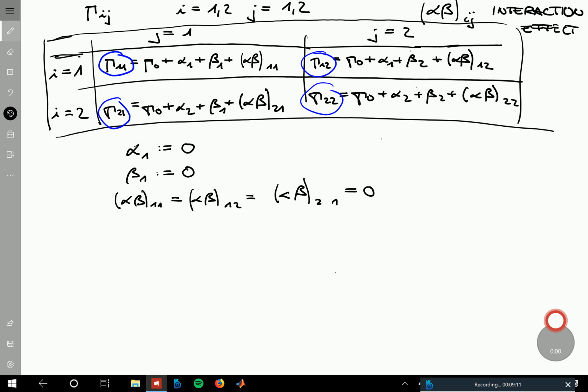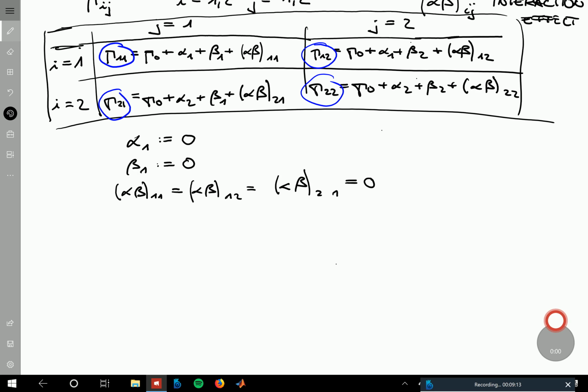Now if one looks at what happens in terms of the expected values of the 4 cells of the 2x2 design, we get mu1 1 being mu0, because all the rest is set to 0 or constrained to be 0. Mu1 2, we have mu0 plus beta 2.